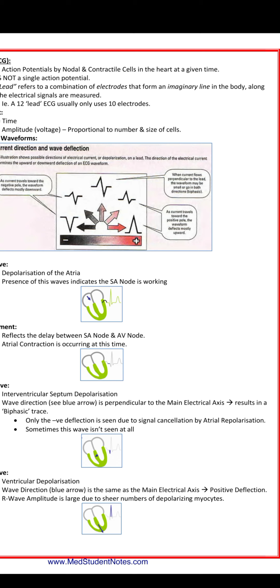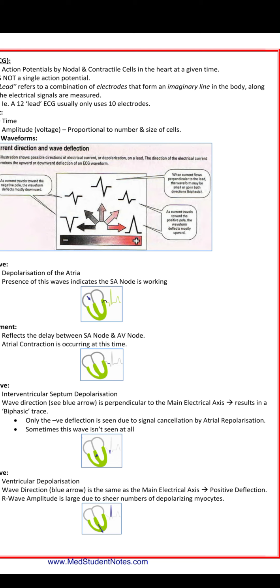The blue arrow shows electrical activity in the interventricular septum and is perpendicular to the main electrical axis. When it is perpendicular to the electrical axis, it shows a biphasic trace. Only a negative deflection is seen due to signal cancellation by atrial repolarization.